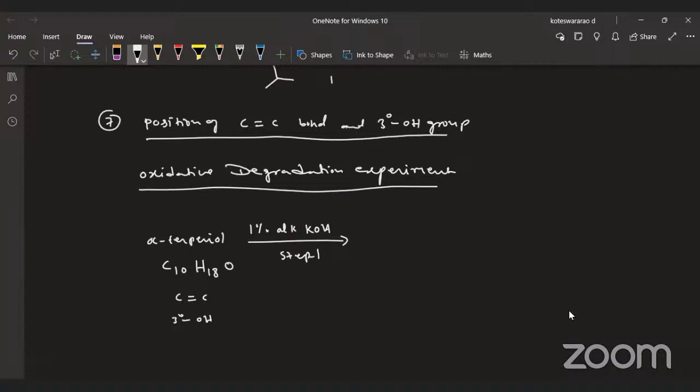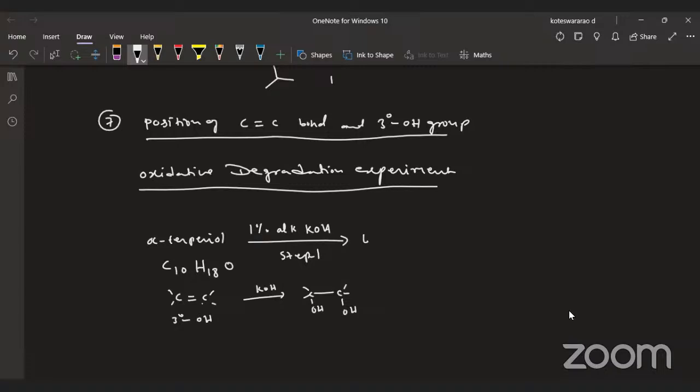Whatever double bond is present in it is reacting with KOH. It leads to the formation of the corresponding diol. Here also, the double bond present in alpha terpineol is converting into diol. Already one OH group is there, 2 more OH groups are generated.